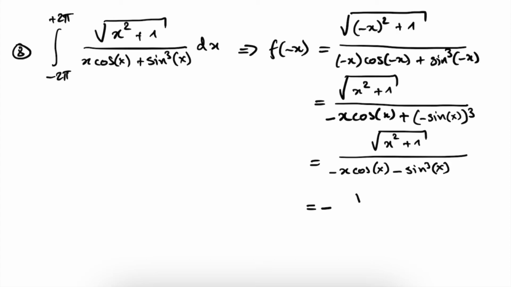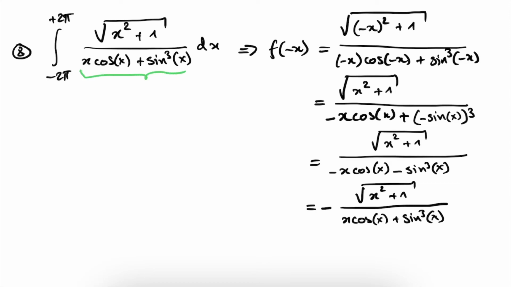So we get minus the square root of x squared plus 1 divided by x times the cosine of x plus sine to the power of 3 of x. And we see here that we indeed have our original function, which is basically this one, with a minus sign in front of it.